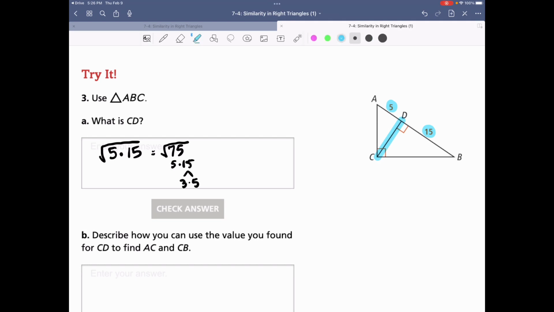So the prime factorization is 5, 3, 5. 5 times 3, 15 times 5, 75. There are two 5s, so 5 times 5 is 25, and the square root of 25 is 5. So we can take a 5 outside of the radical and leave the 3 inside. So if it asks for an exact answer, that's what you want to do.